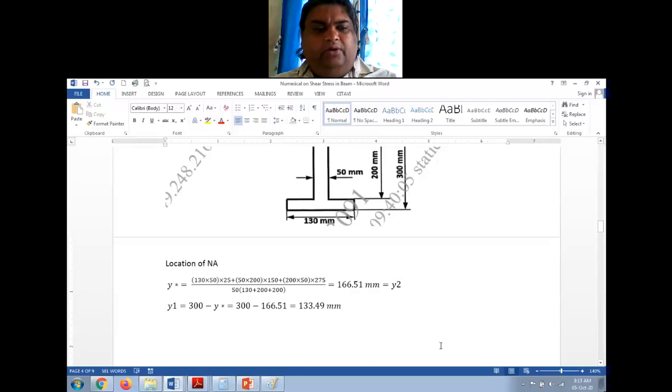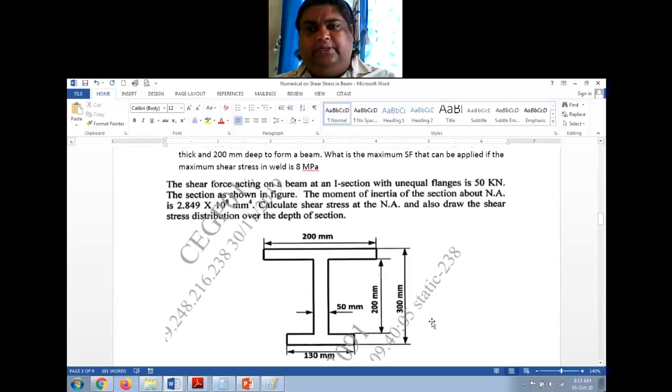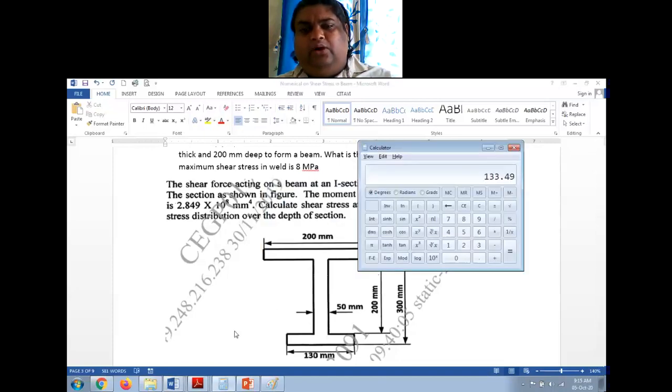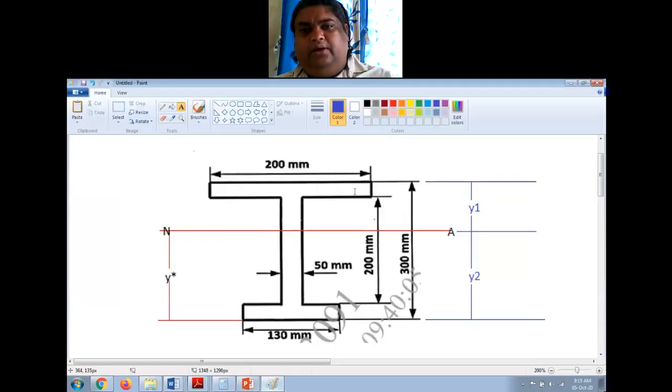Right. Now, in the question, he says calculate the shear stress at the neutral axis and also draw the shear stress distribution over the depth of the section. Right. What does this mean? See, depth of section is this, right? Along the depth is this. This is the neutral axis. So you have to find the shear stress variation along this length, right?